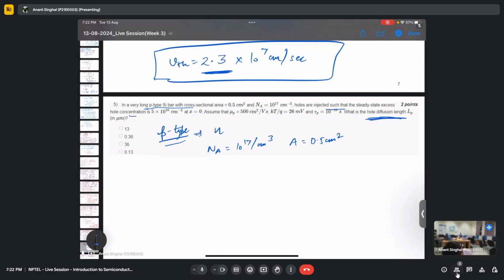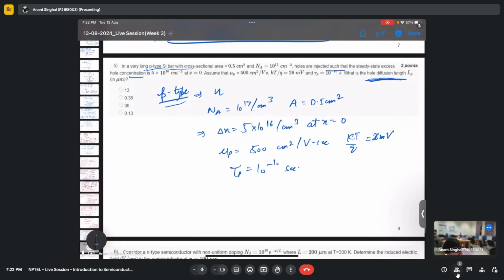The steady state excess hole concentration is 5 times 10 raised to 16 at x equals 0. Mu p is given as 500 centimeter square per volt second. kT by q is 26 millivolts. Tau p is also given as 10 raised to minus 10 seconds.